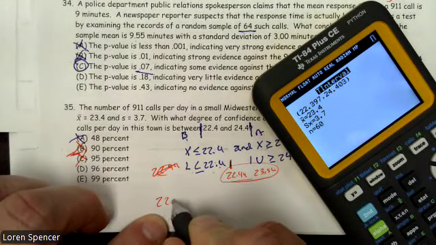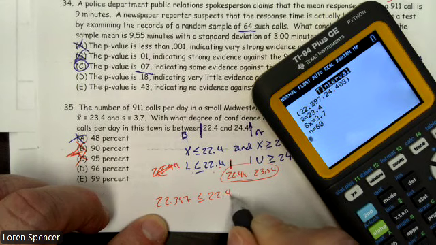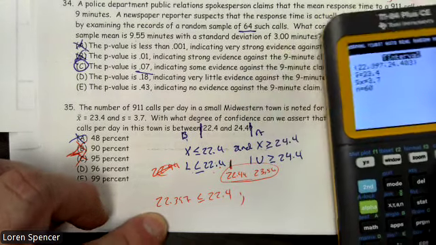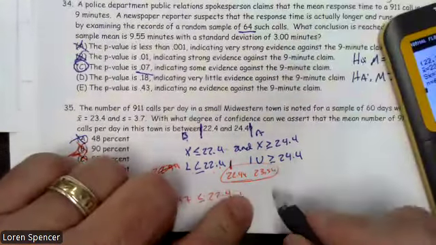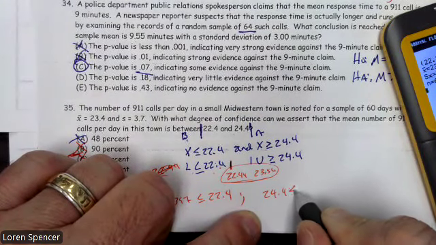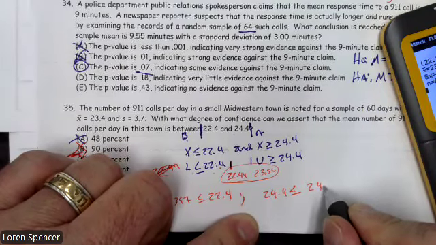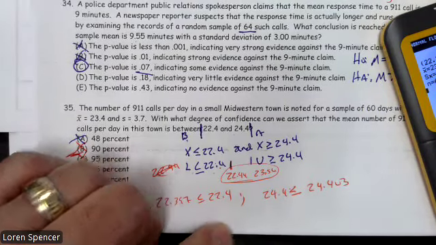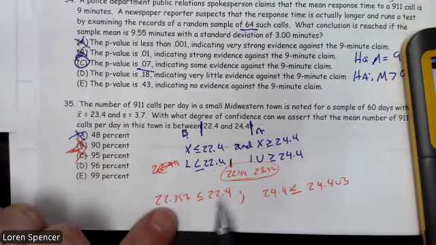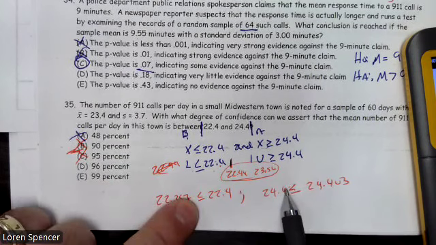So that 22.397 is less than 22.4. So that part's good. And we have 24.4, which is less than the 24.403. So we have our lower value is lower and our upper value is greater, so we contain it.